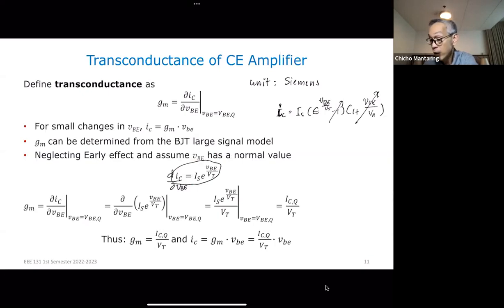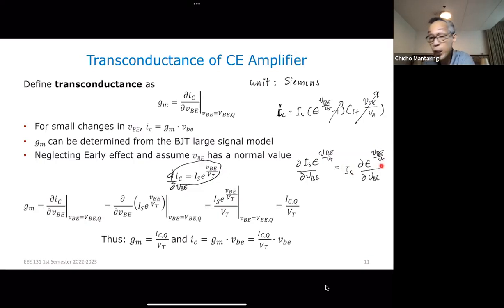The partial of IS e to the VBE over VT with respect to VBE. What is this? This is I sub S, the partial of e to the VBE over VT with respect to VBE, because I sub S is a constant.